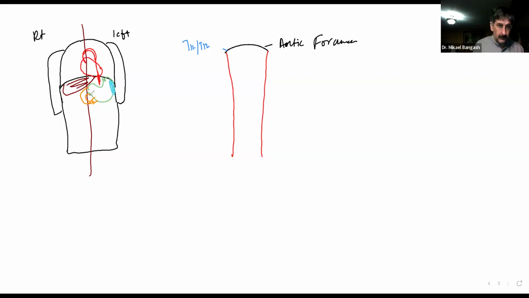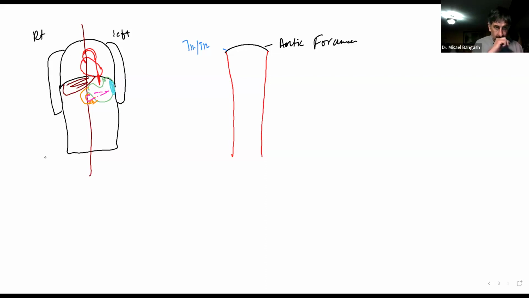And here is going to be your pancreas. Does that make sense?